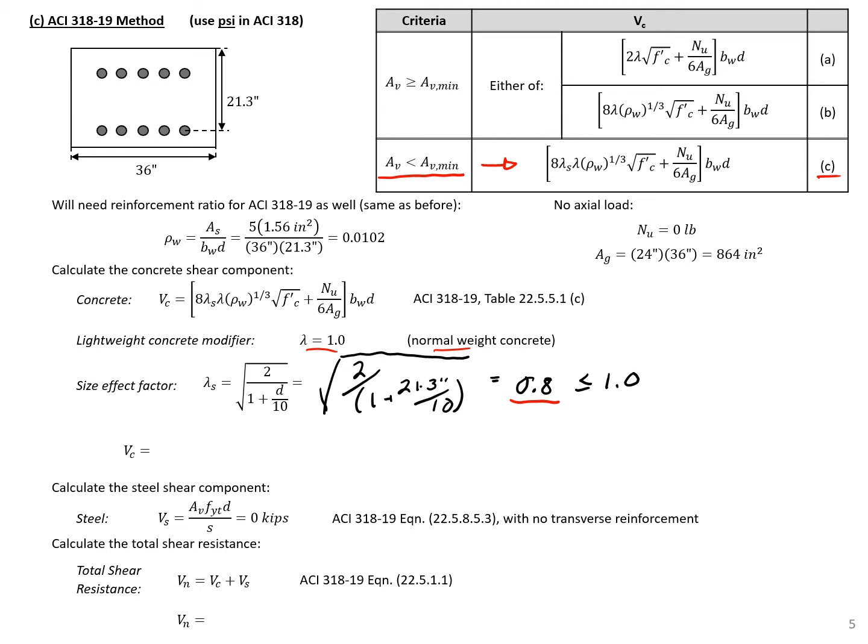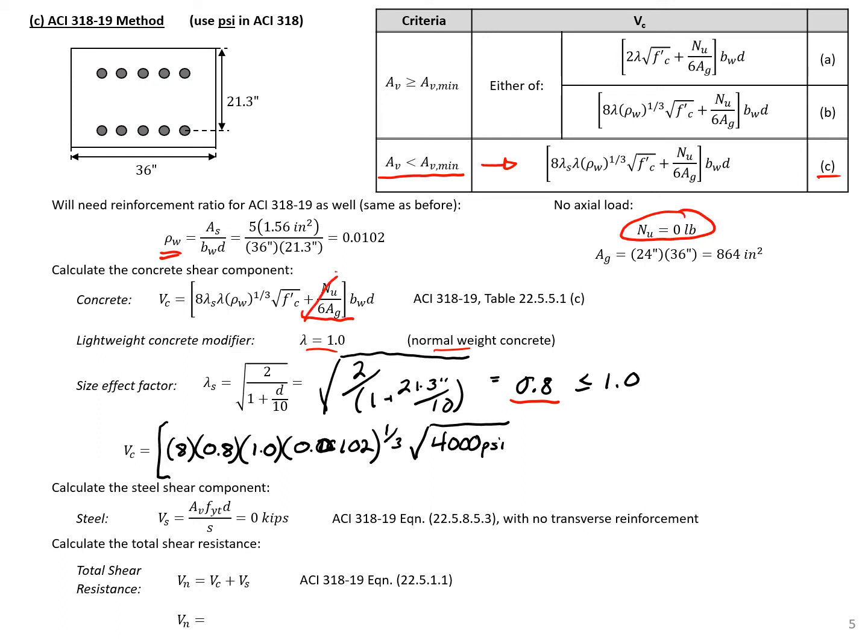So our VC then is going to be equal to 8 times 0.8 times 1.0, our lightweight concrete factor, times our rho W, which is the same as we found previously, equal to 0.0102 to the 1/3 power times the square root of 4,000 psi, and then plus this second term, but we don't have any axial load, so this term will be equal to 0.